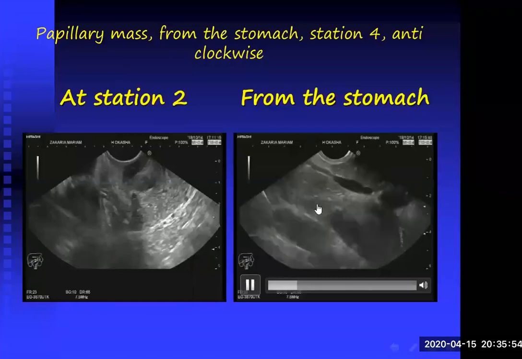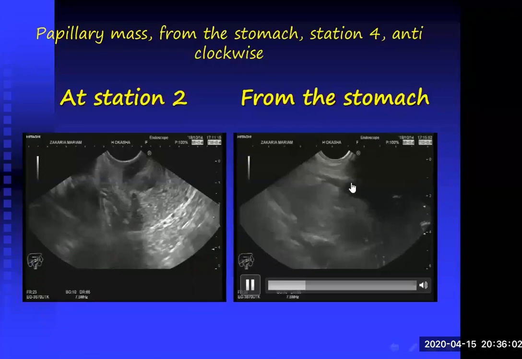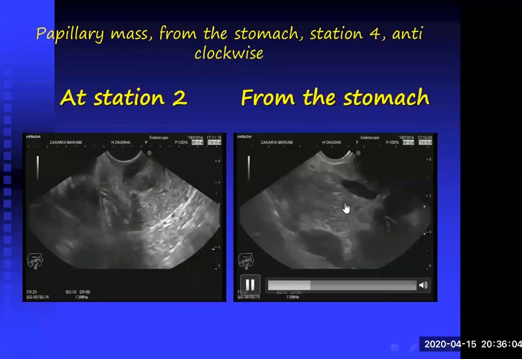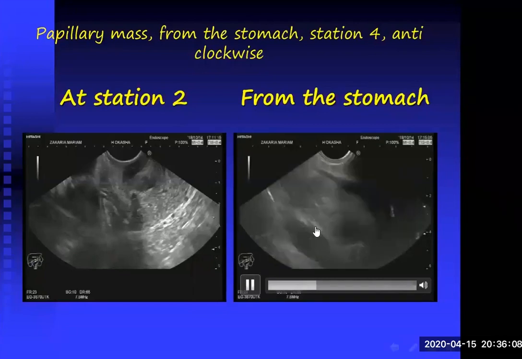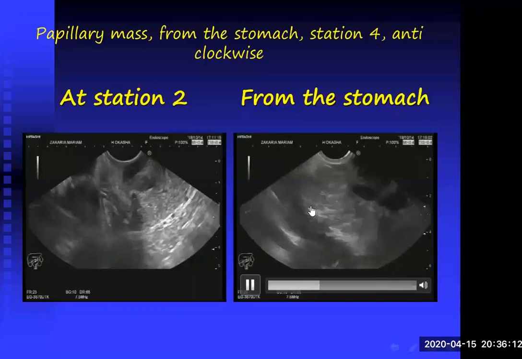And here at the region of the papilla, I can see a large papillary mass. This is the superior mesenteric vein. This is the aorta and inferior vena cava, and this is the head of the pancreas. And here I can see very nicely the large papillary mass and a stent with air inside, the well decompressed common bile duct.